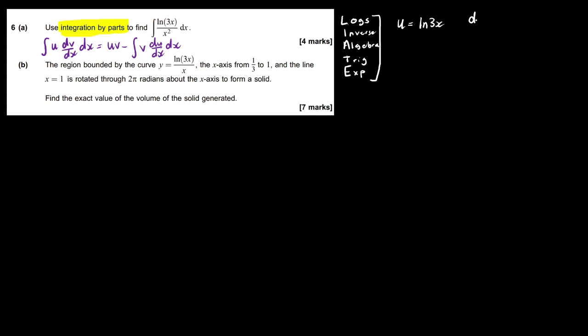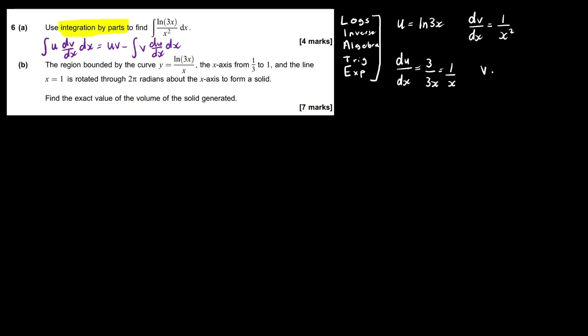That means the other part, dv by dx, is going to be 1 over x squared, because that's what we're multiplying it by. So we need to differentiate the log one. Differentiating that, I'd get 1 over whatever's in the bracket, times the derivative of what's in the bracket, and it's just the same as 1 over x, because you can actually split up the log as log 3 plus log x, and log 3 will differentiate to 0.